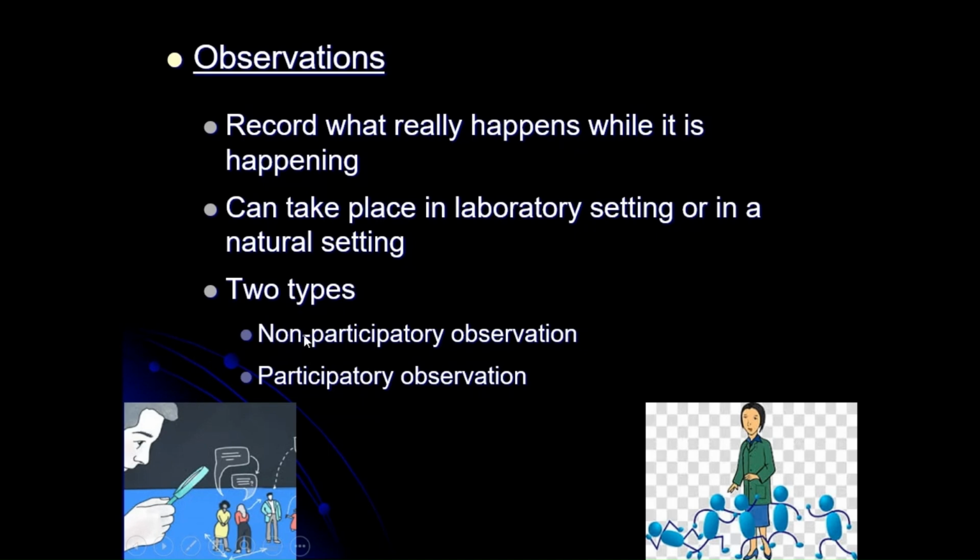Then the second type is non-participatory observation, where as an outsider you watch what is happening or what people are doing. Say, for example, considering the previous examples, you need to find out the teaching of NIBM teachers from the perspective of the students.